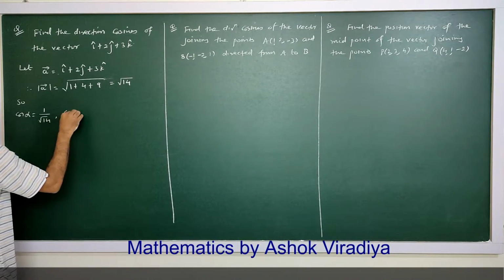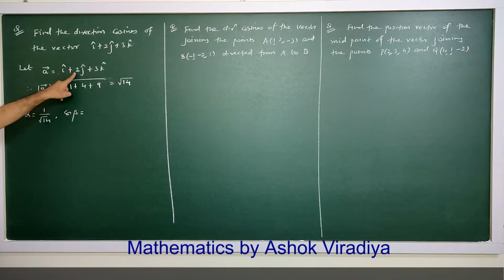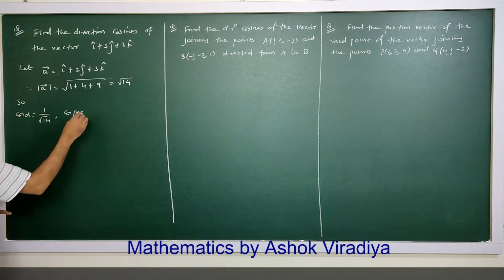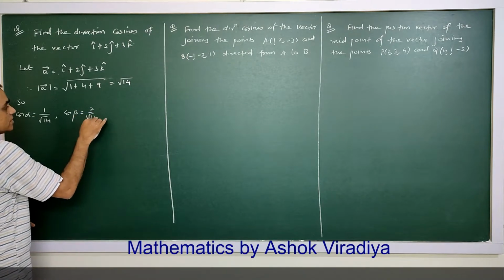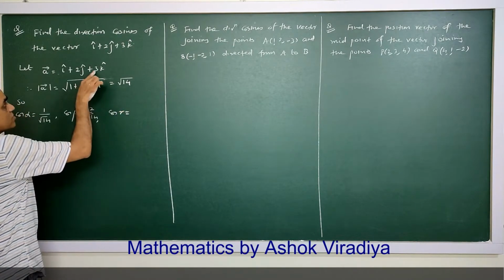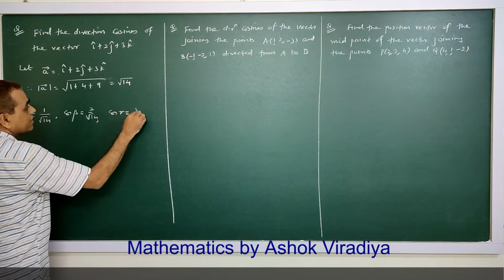Then cos beta is 2 upon root 14. Cos gamma is 3 upon root 14.